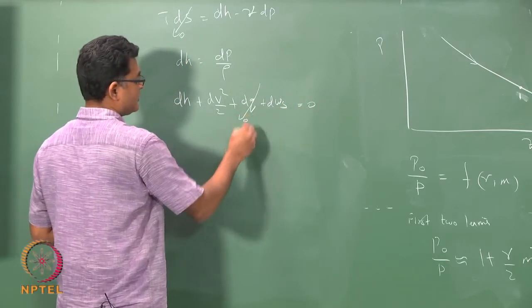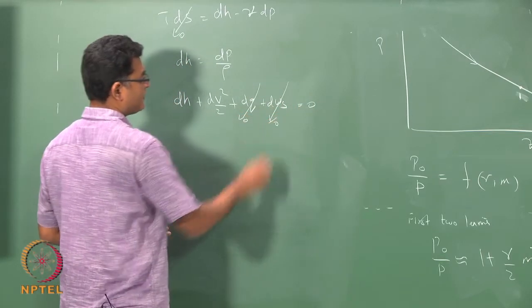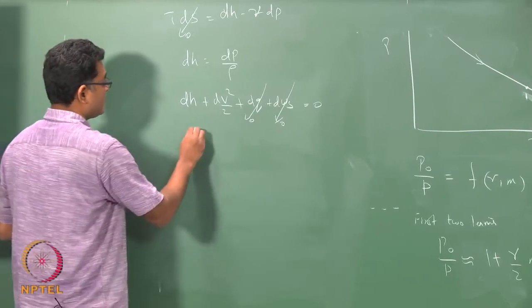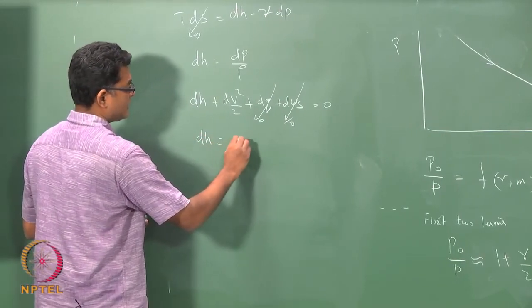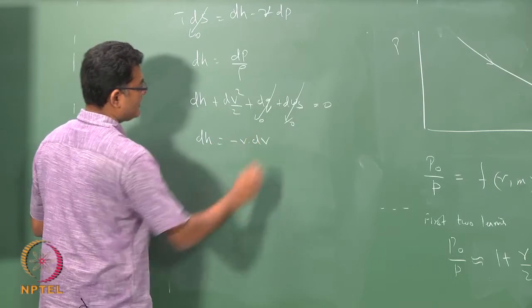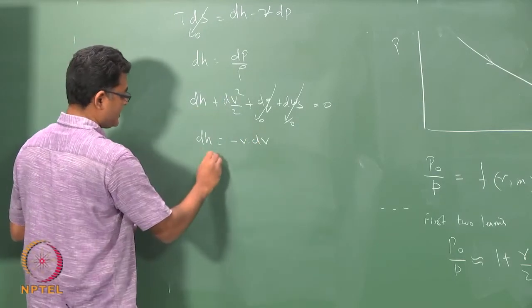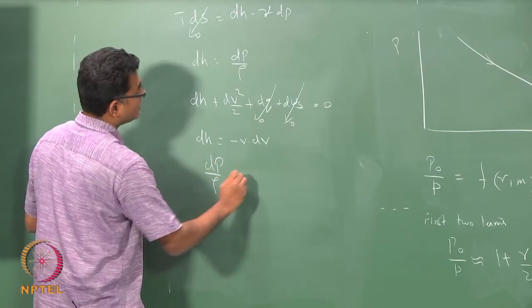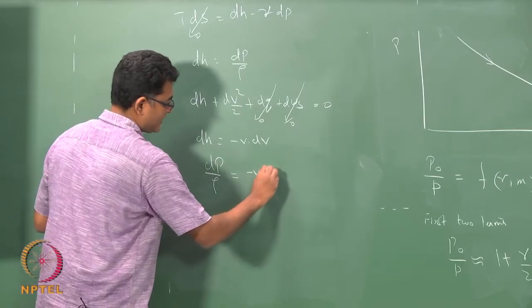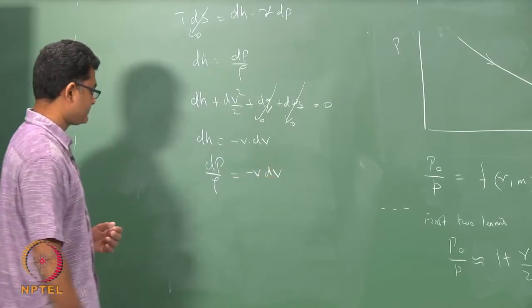If we assume no heat and no shaft work, we end up with dH equals minus V dV, which we substitute here to get dP by rho equal to minus V dV.